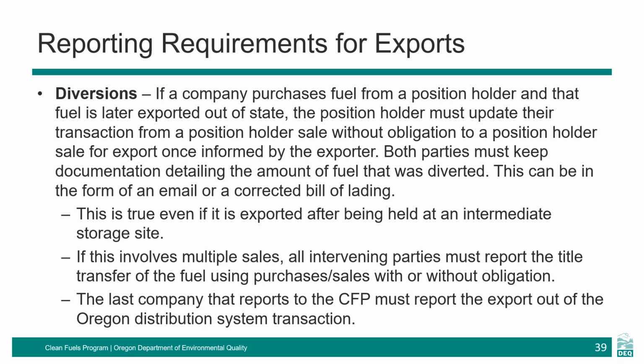This requirement applies even if the fuel is held at an intermediate storage site before export. For multiple party transactions, each intervening party must report the transaction of title using the appropriate sales and purchase transaction types, ensuring that the last entity in the chain reports the final export.